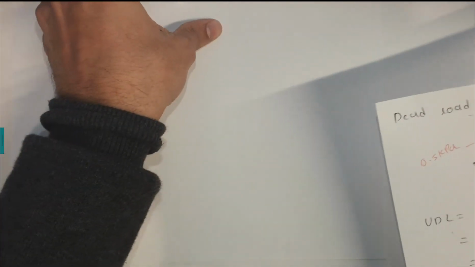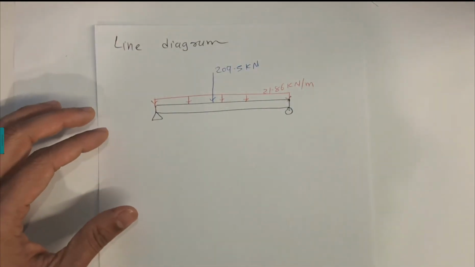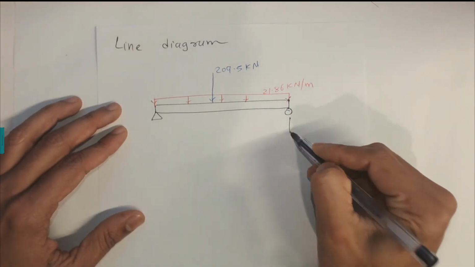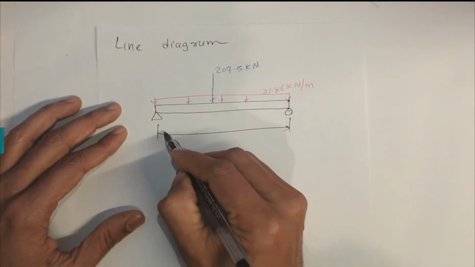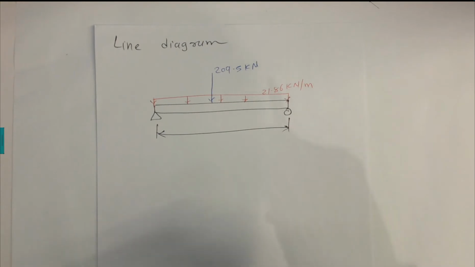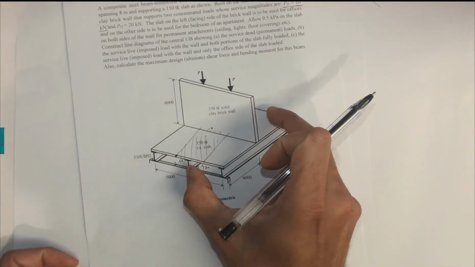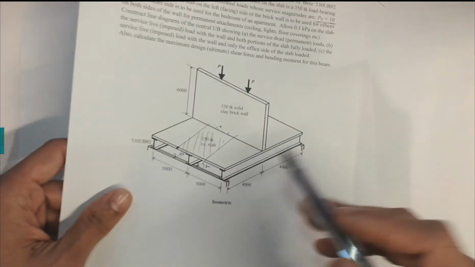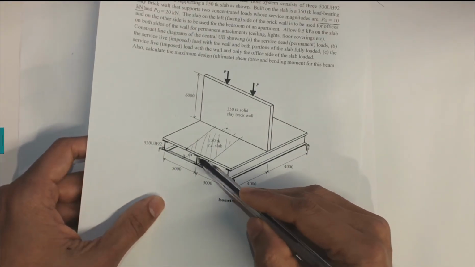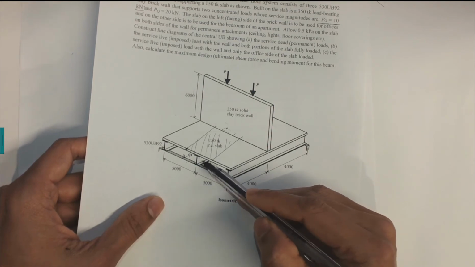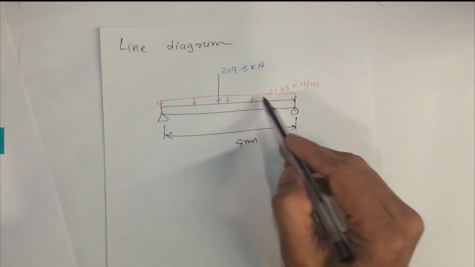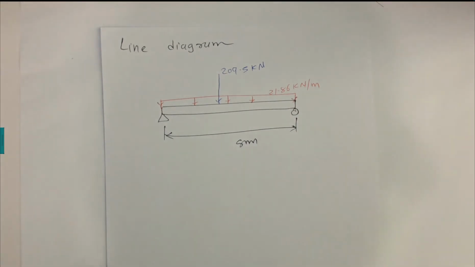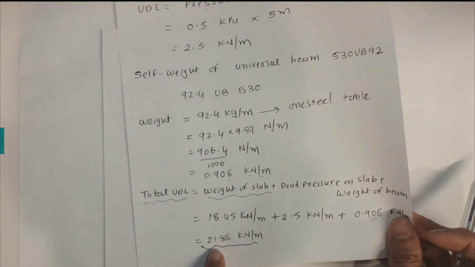Now if I draw it on the line diagram, because it's asking you to draw a line diagram, this steel beam is, let's say, along this line. We are drawing these steel beams here like this along this line, so that is 8 meters. And on these steel beams, due to this slab and self weight of the steel beams, it will create this UDL load 21.86 that we just calculated.